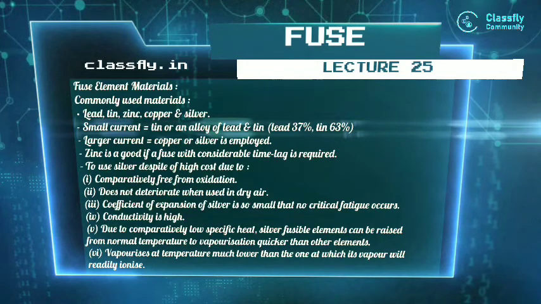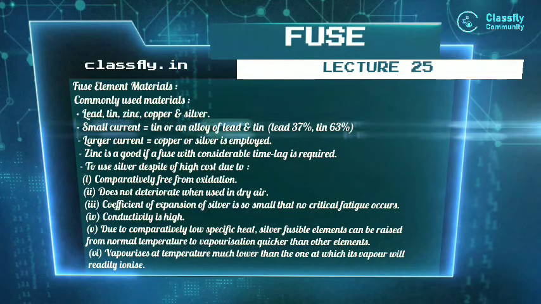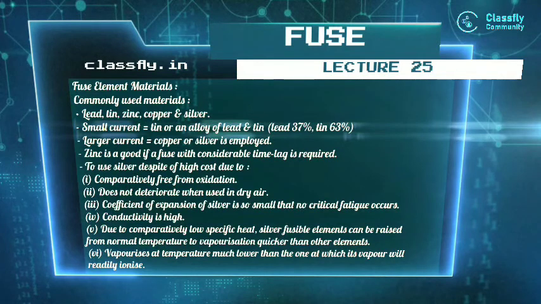Because silver has a comparatively low specific heat, the fusible element can be raised from the normal state temperature to vaporization quicker than other materials. It vaporizes at a temperature much lower than the one at which its vapor will radially ionize.